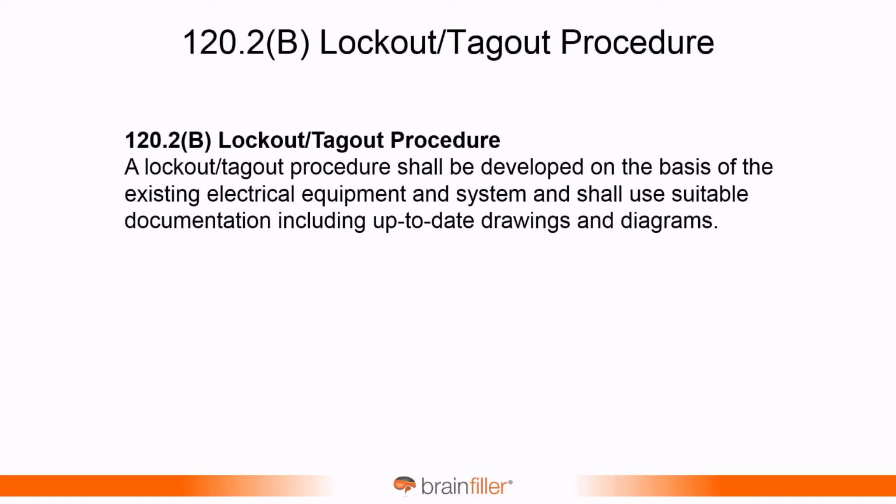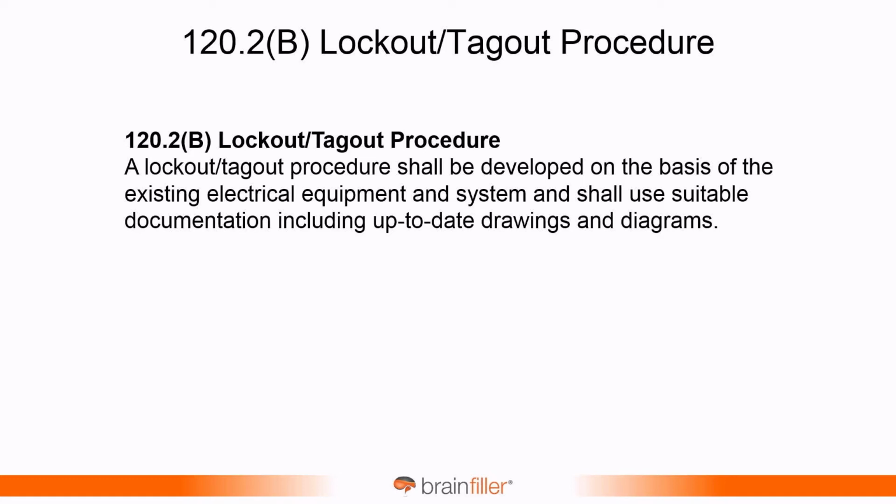There were a few revisions made here. 120.2(B), the lockout, tagout procedure, this text right here has an addition to it now. So the procedure shall be developed on the basis of the existing electrical equipment and system and shall use suitable documentation, including up-to-date drawings and diagrams.